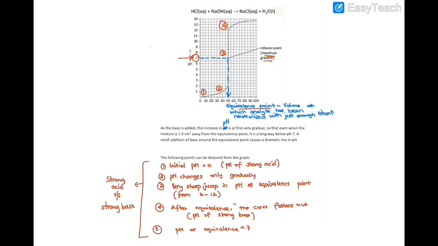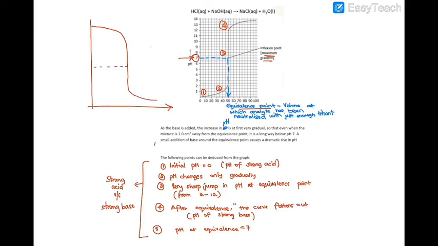Now in this case, we have NaOH, which is added to the acid. So we have a base added to an acid. But if you have an acid which is in the burette, which is going to be added to the base, then the shape of the curve is going to be slightly different. We'll still have that equivalence point at pH 7, but now the starting pH is going to be the pH of the base, and then it's going to go down, and then it will flatten down at a lower pH.